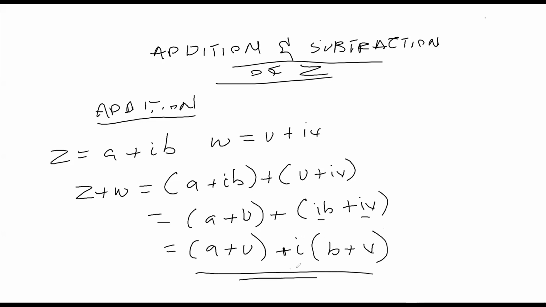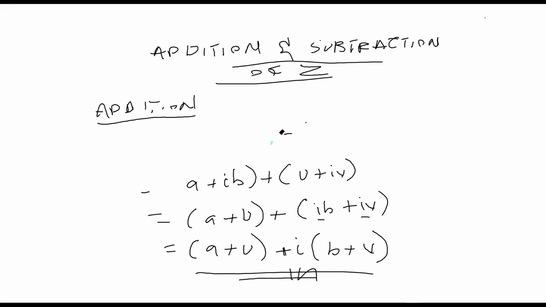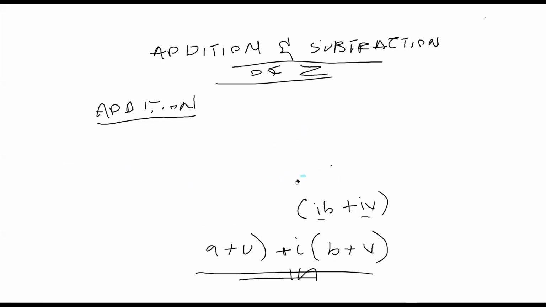So mostly this is what we're going to look at when it comes to addition of complex numbers. To help us understand clearly what we are talking about, we are going to have an example with actual numbers that we can use to understand the process of adding complex numbers together.